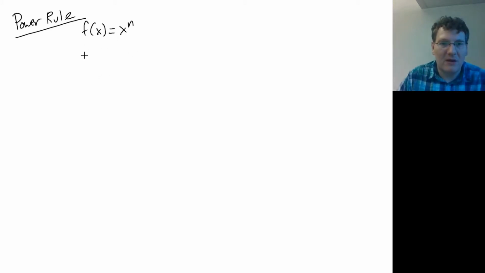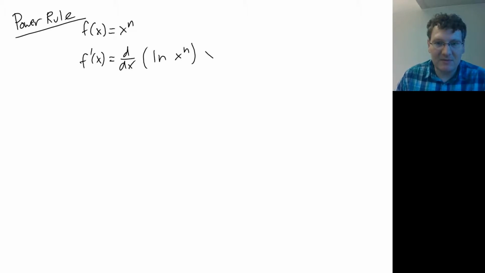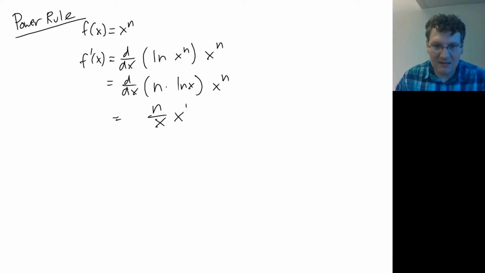And so f prime of x is going to be the derivative of the natural log of x to the n times x to the n. If you work this out, this is the derivative of n times the natural log of x, times x to the n, and so the derivative is going to be n over x times x to the n.